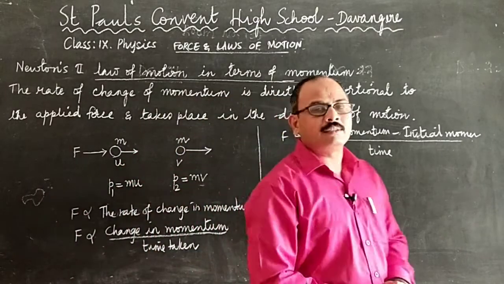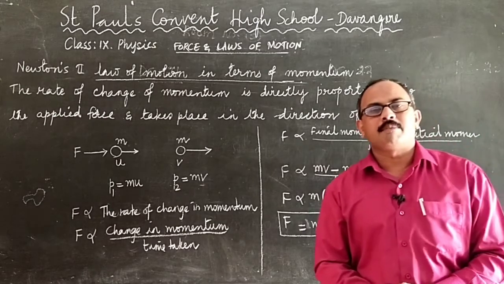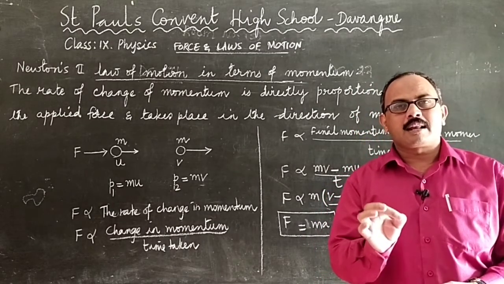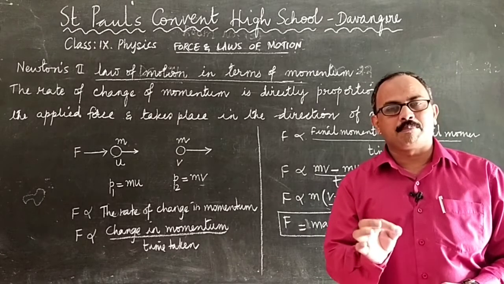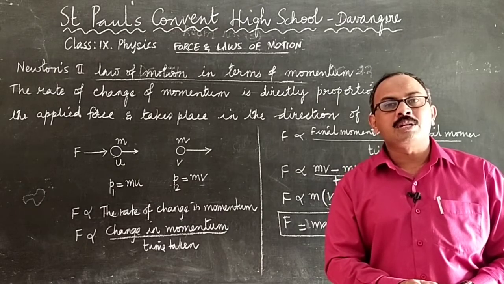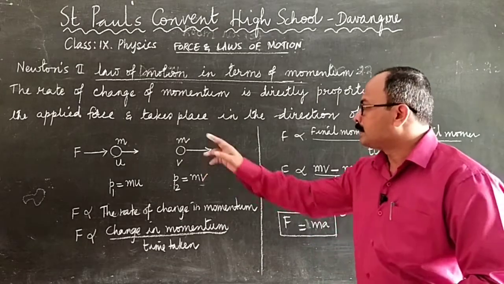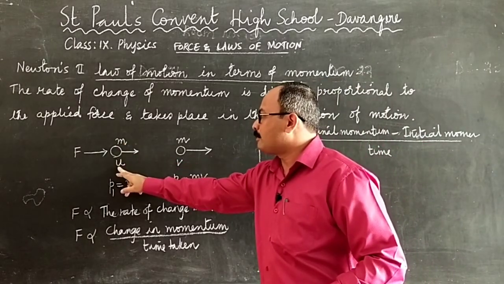I repeat, children. Second law of Newton in terms of momentum. The statement says, the rate of change of momentum is directly proportional to the applied force, and change in momentum takes place in the direction of force. An object moves with mass, with some velocity.